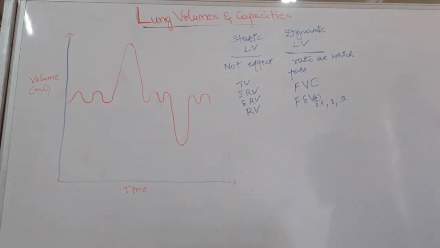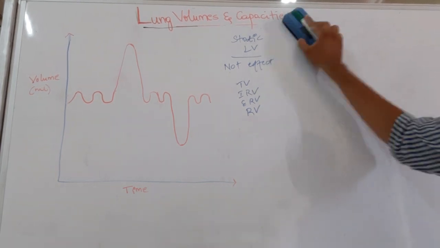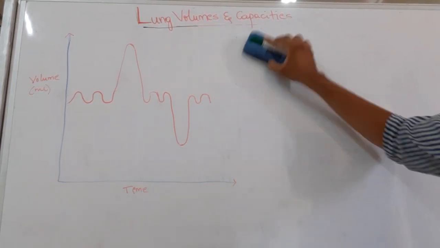Both measurements of static and dynamic lung volumes are important clinically to know about the obstructive diseases of the respiratory system. Today we are going to see in detail about the static lung volumes.